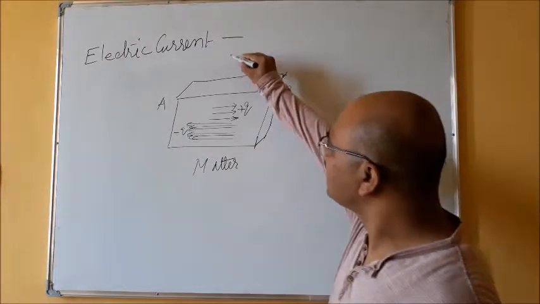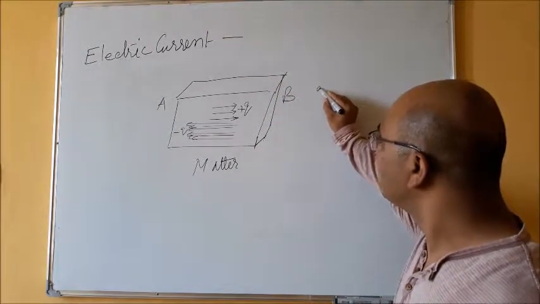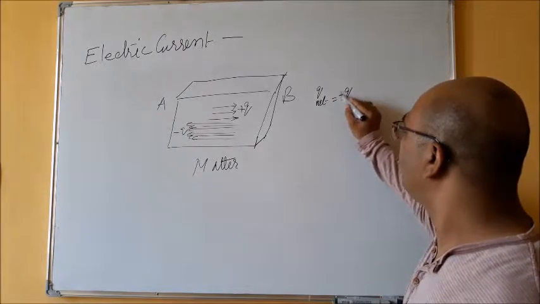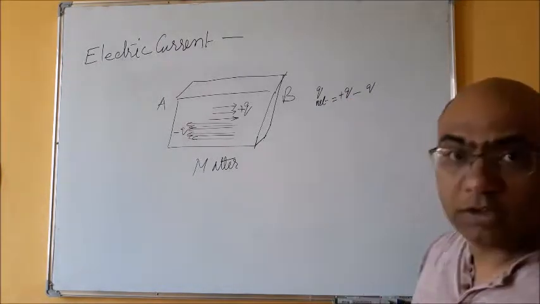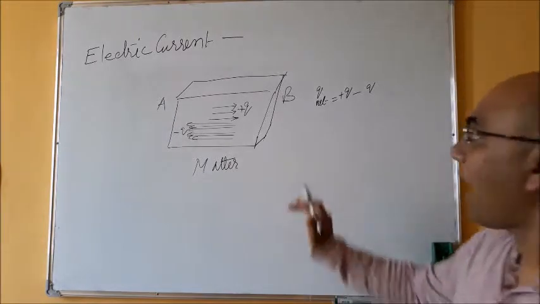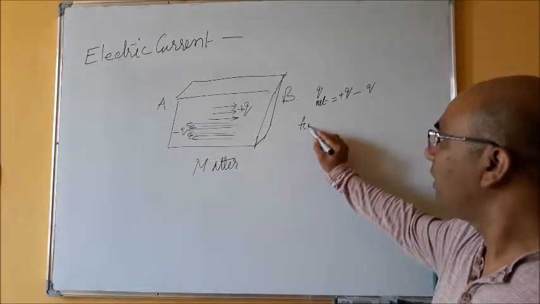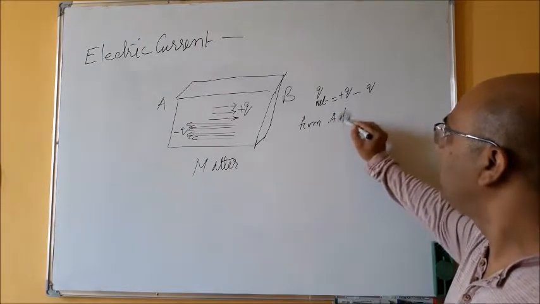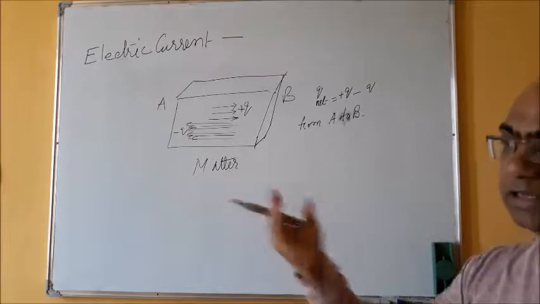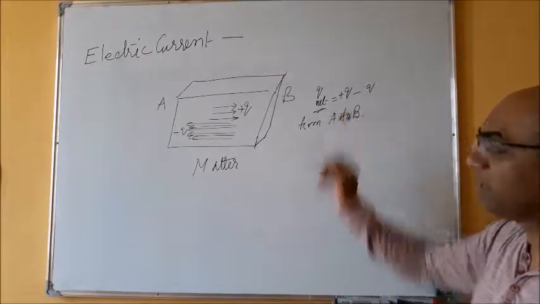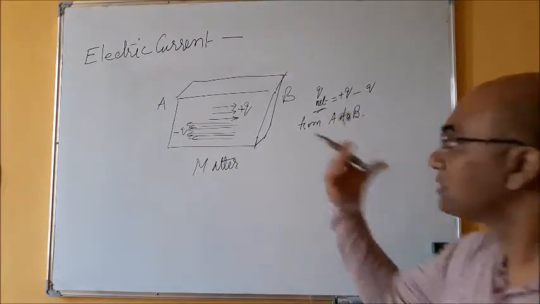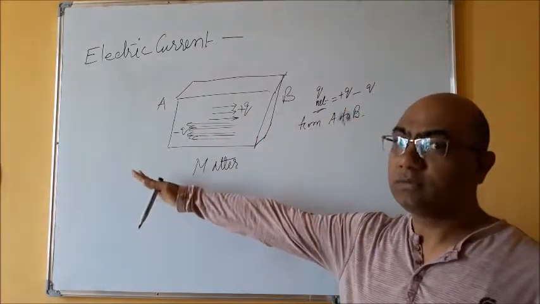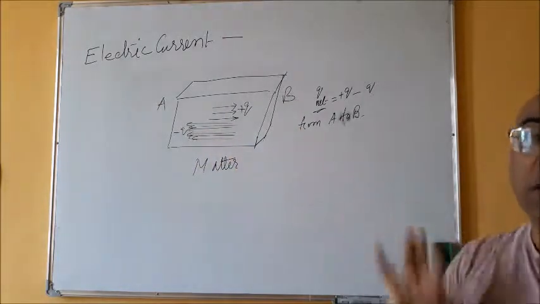So at any time we can say the net charge will be q minus q. This means overall, either from A to B net positive charged particles will move, or from B to A negative particles will move, as a resultant of the charge.